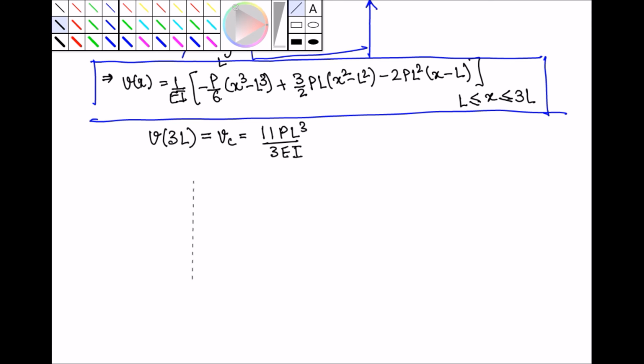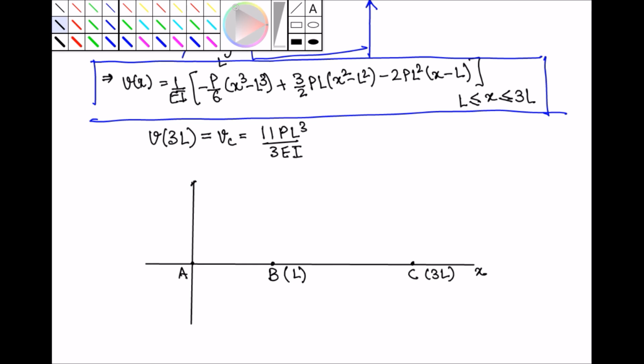To make a plot, let's assume the deflection is on the y-axis and length is on the x-axis. We're going to have points A, B, and C. We know that slope and deflection are both 0 at A. At B, we have a deflection of 0 but no restriction on slope. And at C, we worked out what the deflection was going to be.